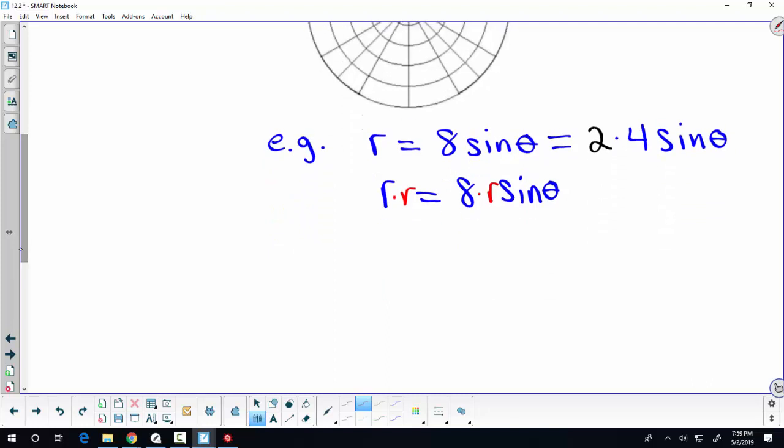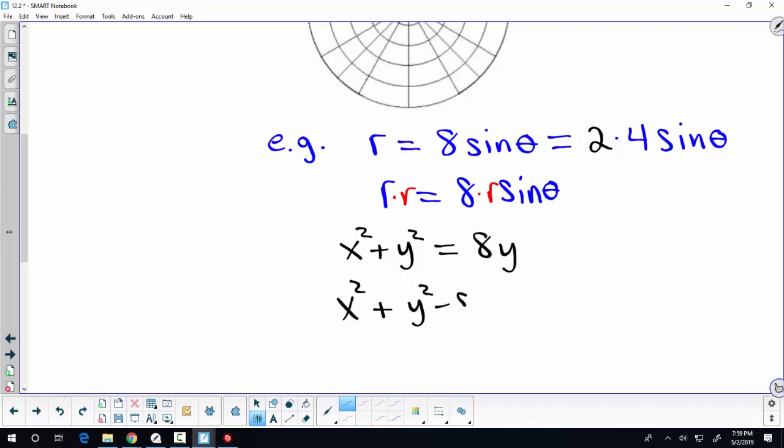Now the left-hand side becomes x squared plus y squared, and the right-hand side is 8r sine theta, which is 8y. So now we're looking at x squared plus y squared minus 8y equals 0.